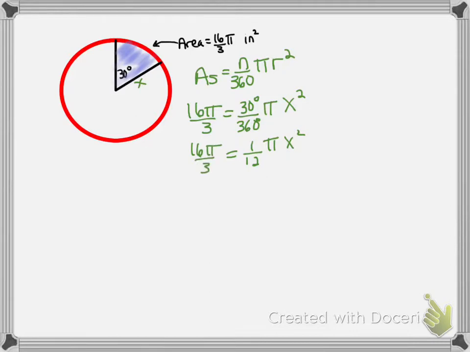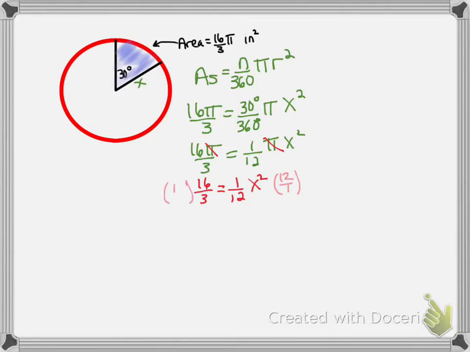Now you've got to get x by itself. There are some tricks. Since you have pi on both sides, you can cancel them out because you divide both sides by pi. If you can jump on that, go ahead and do that. Then for x squared, I see the fraction 1 over 12. What I like to do is multiply by the reciprocal, which is 12 over 1.